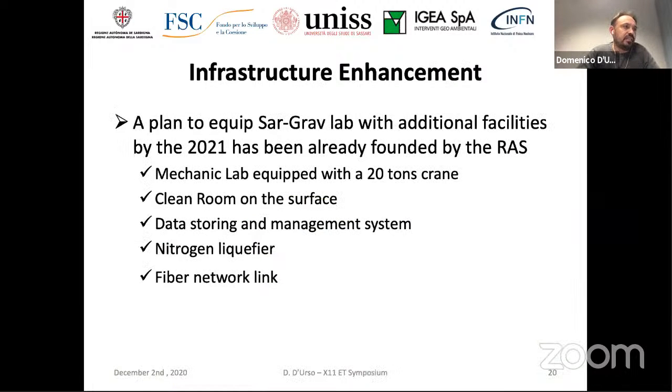Here, it will be realized a mechanical lab with a 20 tons crane, a clean room, a data storing and management system, and a nitrogen liquefier. In the next months, we'll also start the connection with a fiber network link.